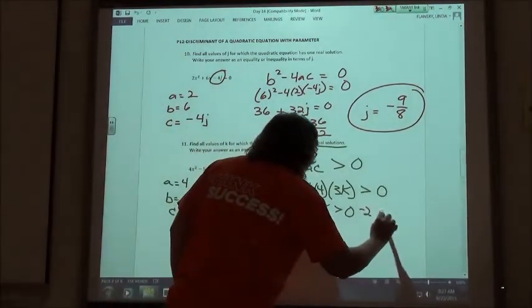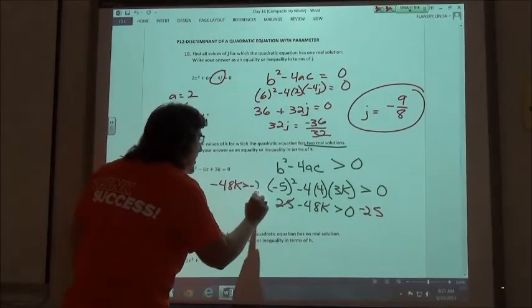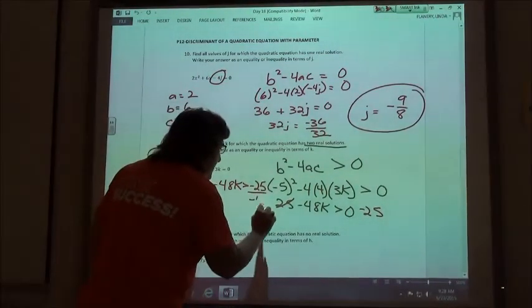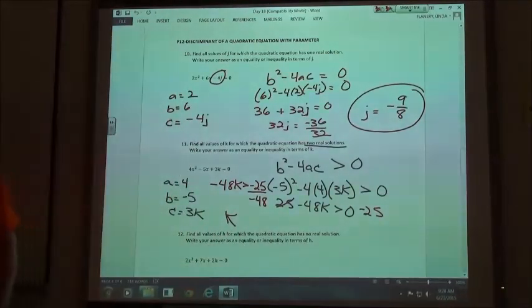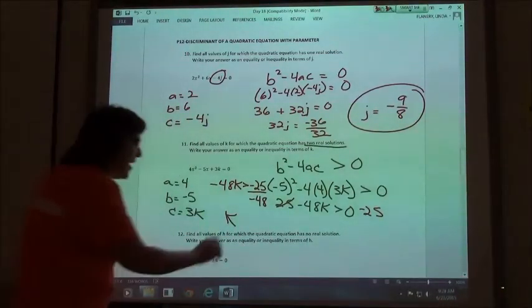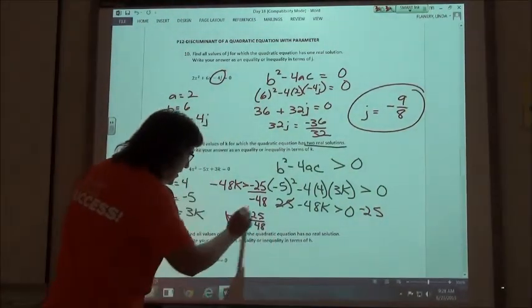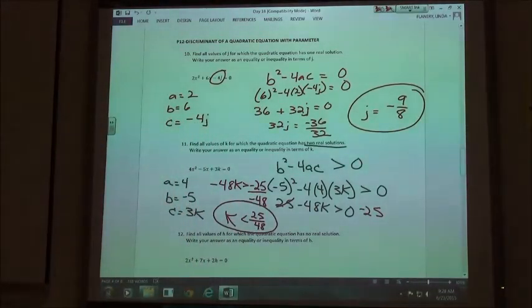Sounds good. So negative 48k is greater than negative 25. And then we're going to divide by our negative 48, so we end up with k is less than 25/48. I don't think you can reduce that down, and so that's going to be my answer. So again, if we have an inequality and we divide by a negative, we end up flipping our sign.